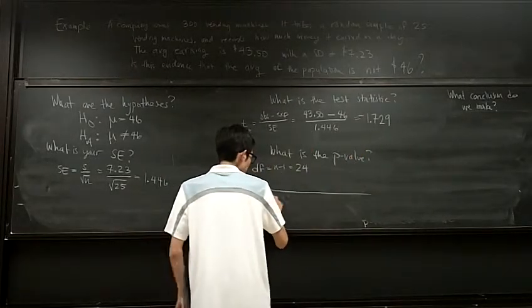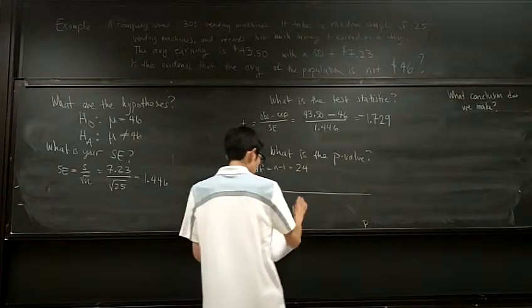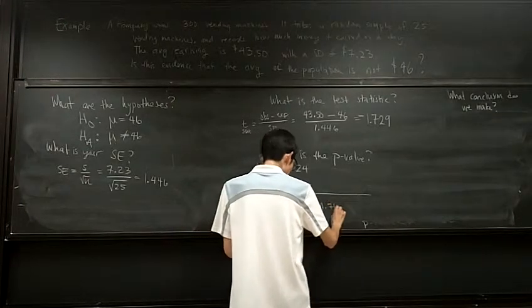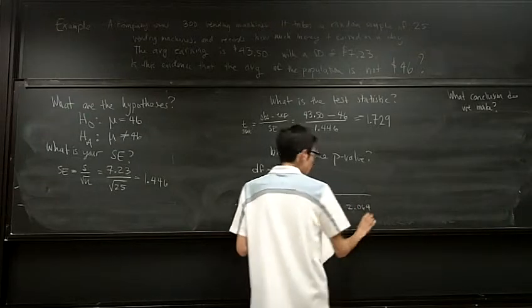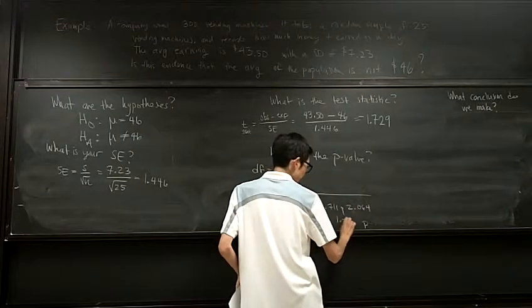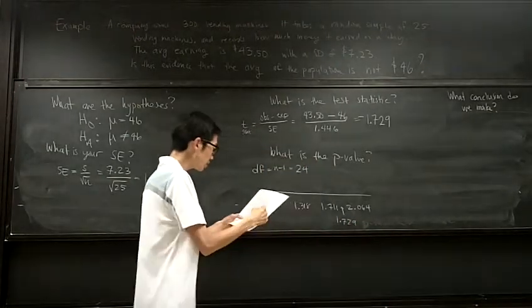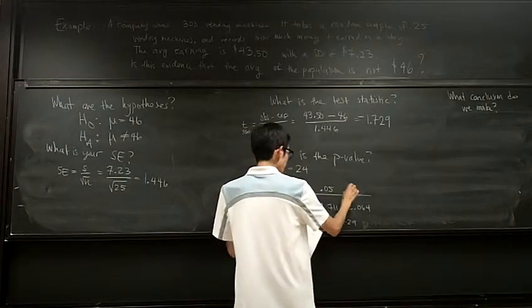And so I have 1.318, 1.711, and 2.064. The number I have is 1.729, and that is in between the number for 0.05 and 0.025.